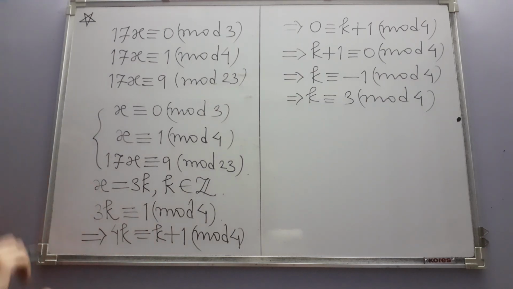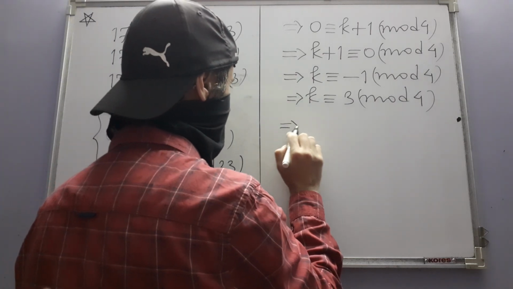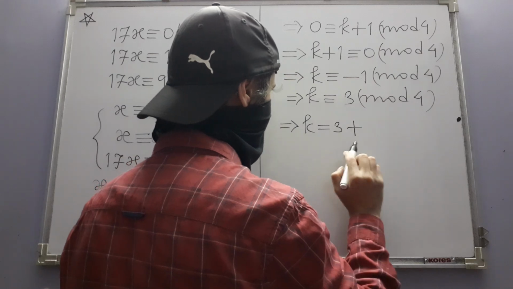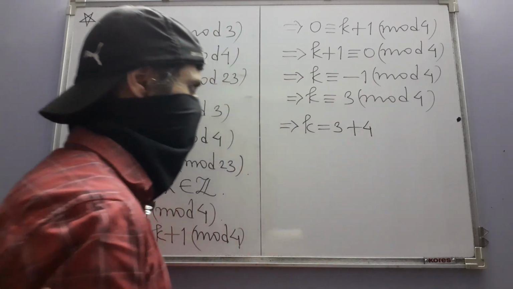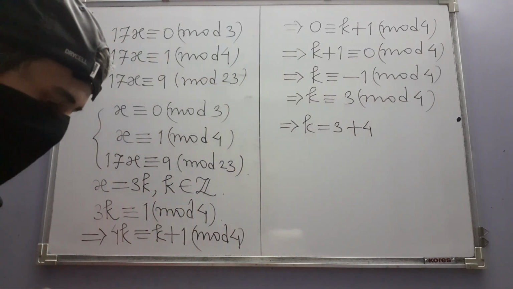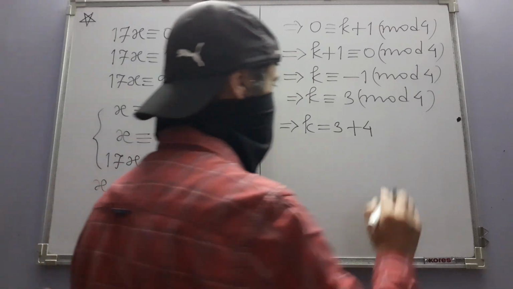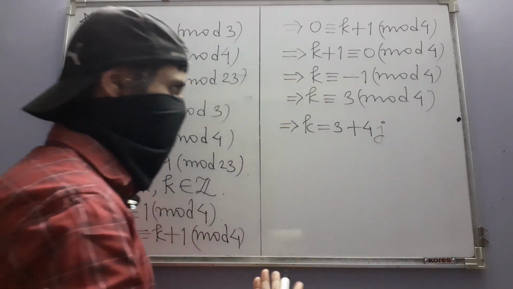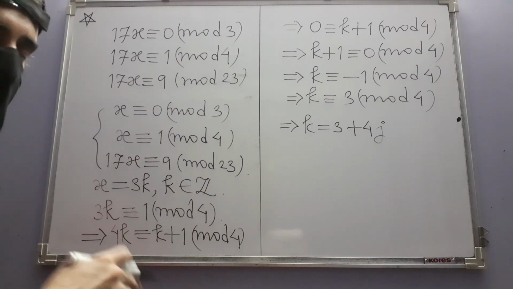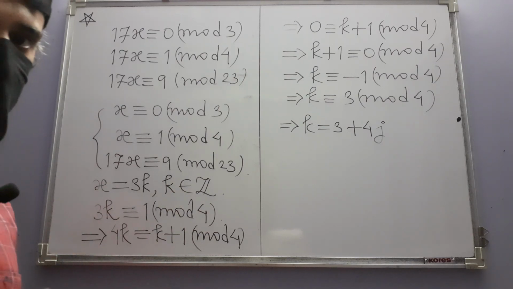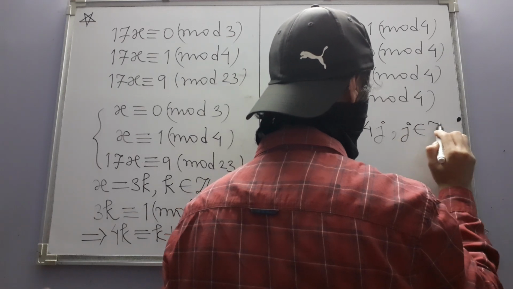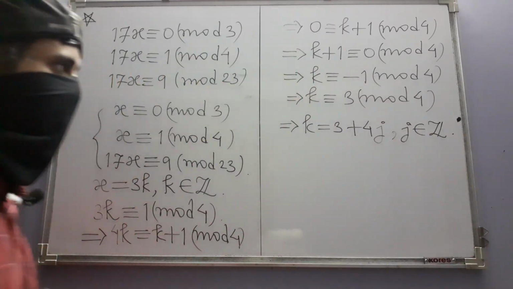So K now has to be of the form 3 mod 4, and that's why K looks like this, 3 plus 4 times what variable J, okay. You can write anything here, but I want to write it exactly like how it is in the book, where J is some integer.